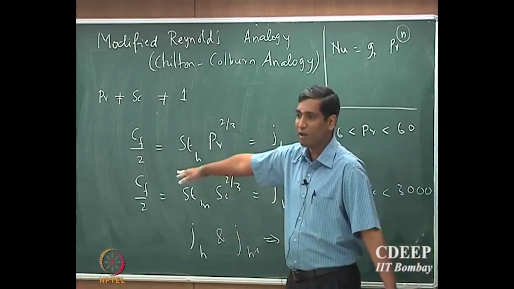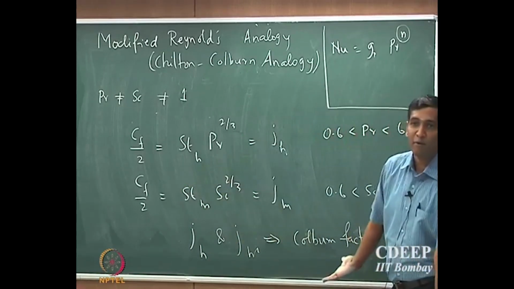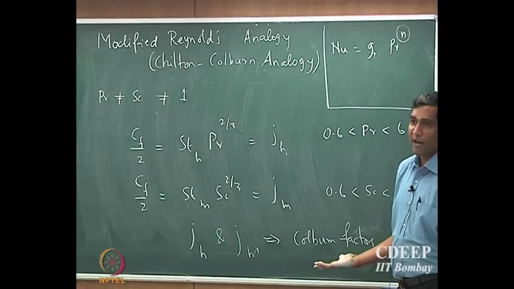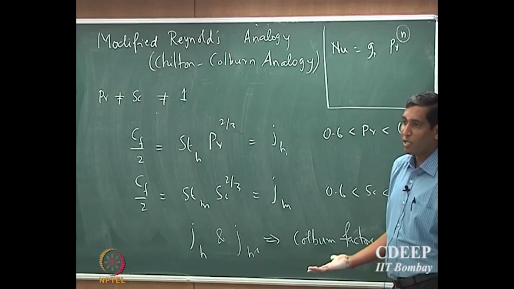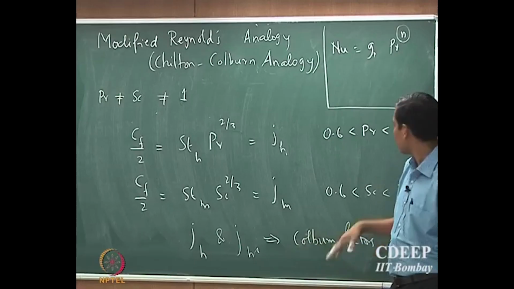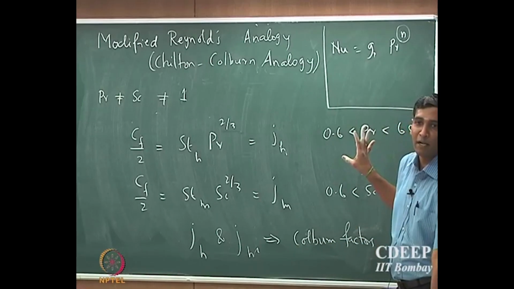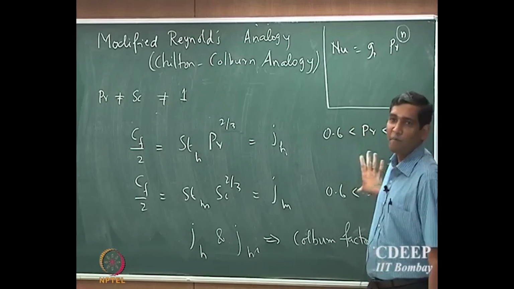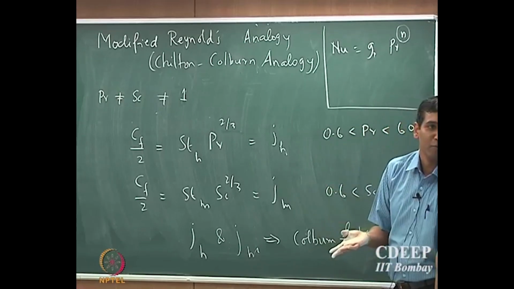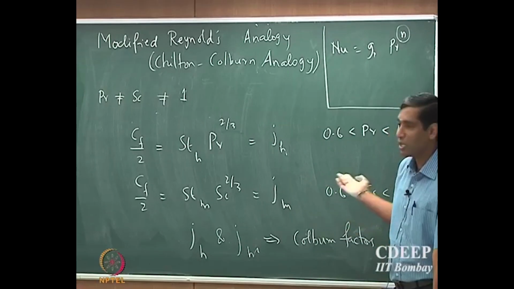So if you know the friction coefficient, then you should be able to estimate what the Colburn factors are. And once again, if you know the Colburn factors, you're done. So this is for a real system with a certain range of validity for Prandtl and Schmidt number, which encompasses most of the systems that you would probably experience in a real system.